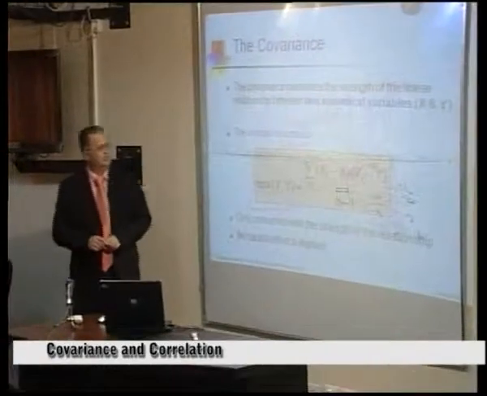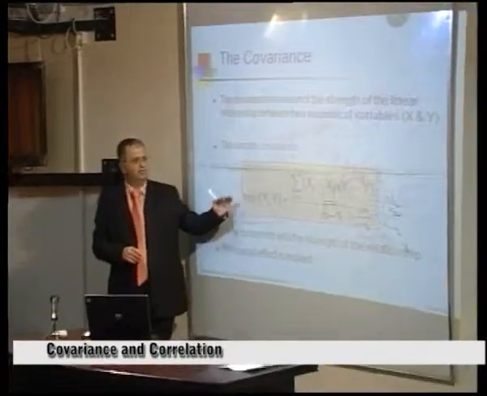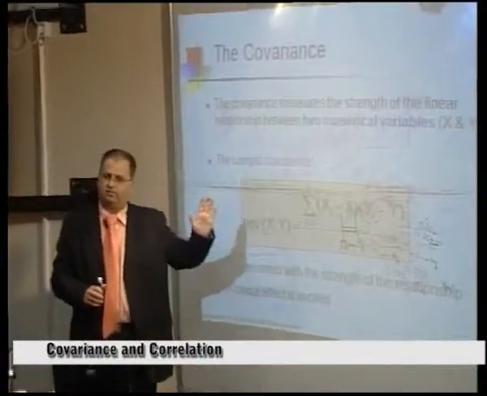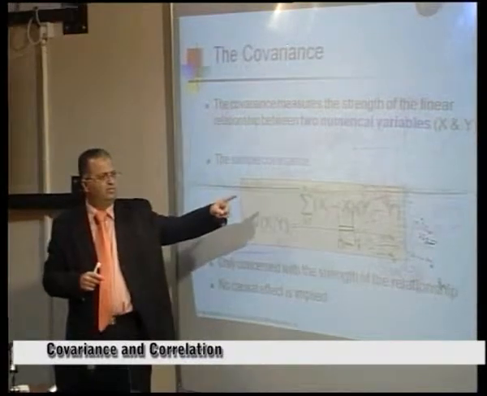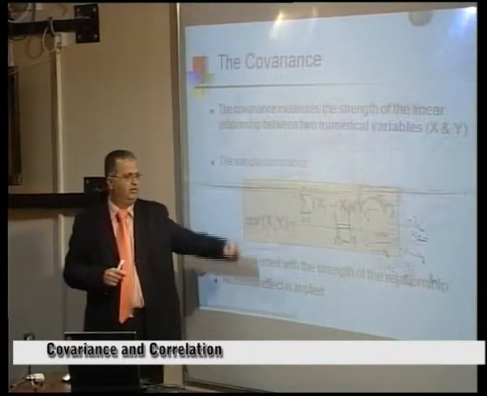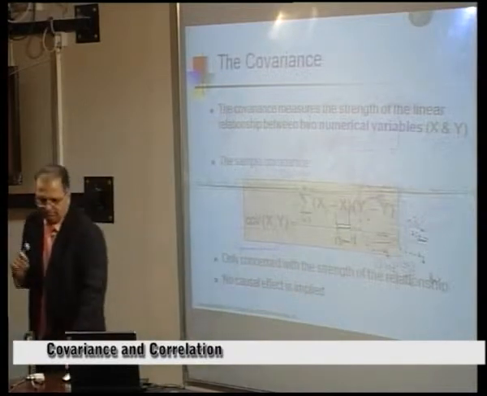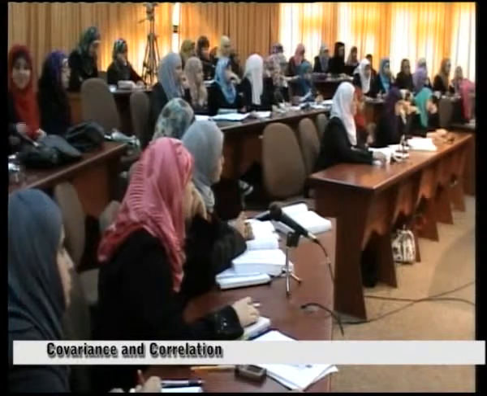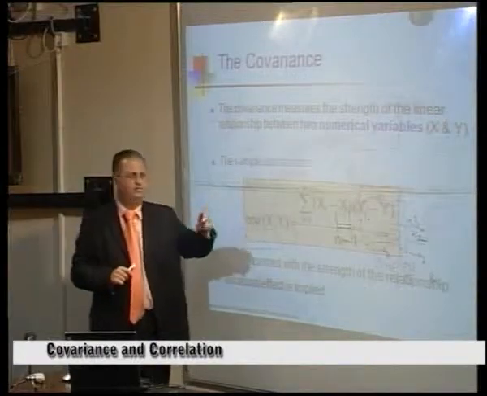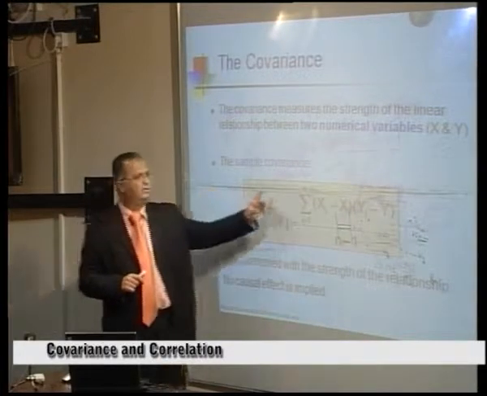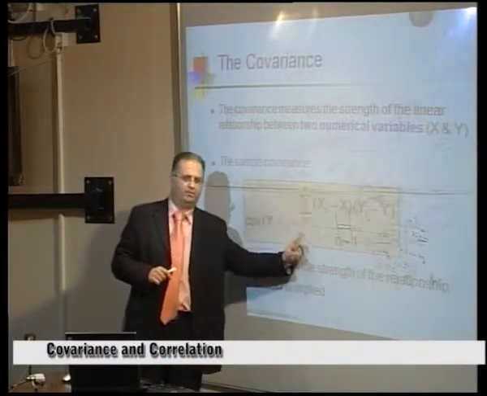The formula used to compute the covariance is given by this one. It's the summation of the product of xi minus x bar and yi minus y bar, divided by n minus 1. So we first need to compute the means of x and y, then find x minus x bar times y minus y bar, sum all of these values, then divide by n minus 1.